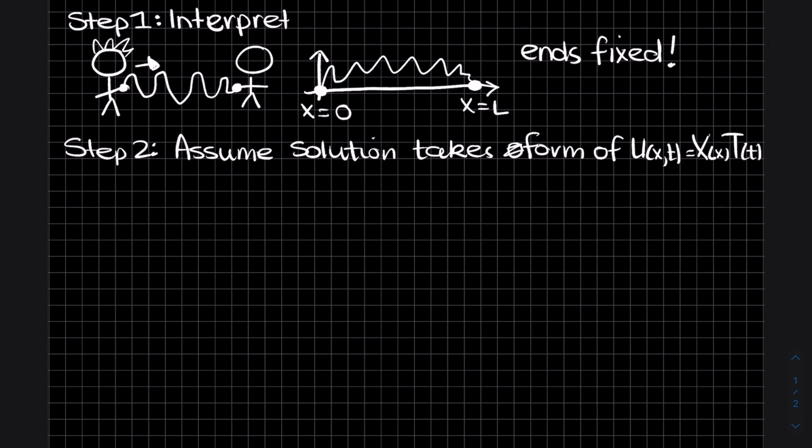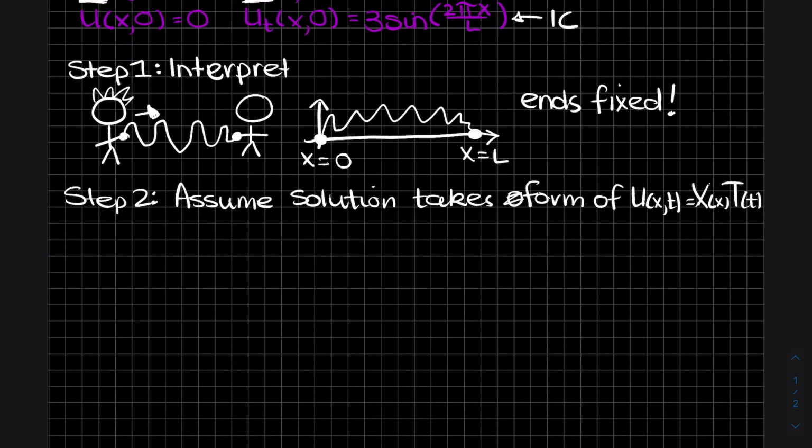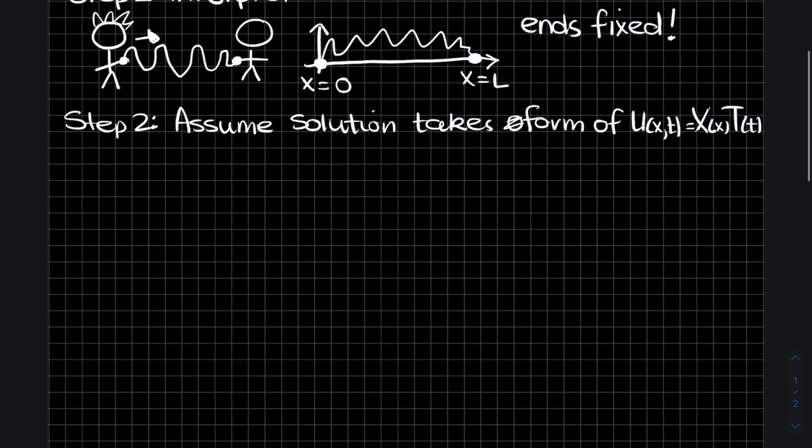So I'm using little x and little t here, and big X and big T. So you want to assume that the solution takes that form. Now, the solution might not take that form. There will be other solutions out there, very likely, that don't take this form. But what we're interested in is all the solutions that do take this form. And that's simply because we can use separation of variables if they take this form.